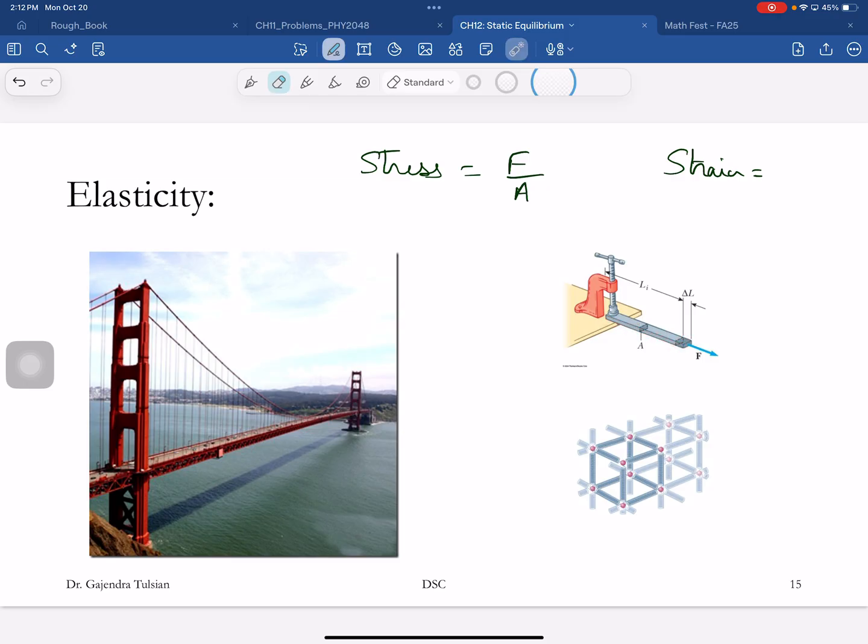So this gives you the fractional change. Okay. And so if you have a metal, this will be less than 1% and so on. Okay. If you have a rubber band, you can stretch it almost twice its length. Okay. So this can be as large as 1. Okay. But for metal, it's 0.01 and so on.